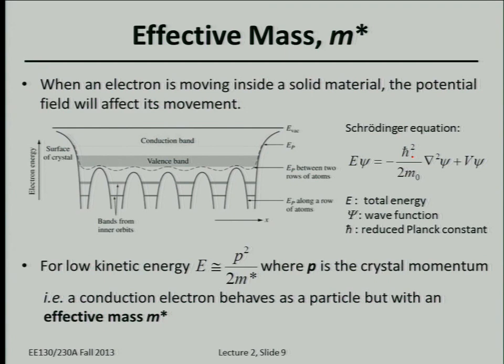And like I said, this is only really an accurate way of modeling the electron wave function in a crystal for low kinetic energy. So as an electron moves higher up in the conduction band, this becomes less accurate. In fact, the effective mass does change in reality if you increase the kinetic energy, and it depends on which direction the electron moves.